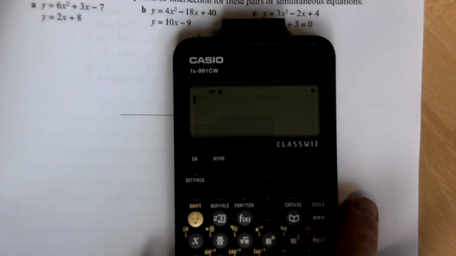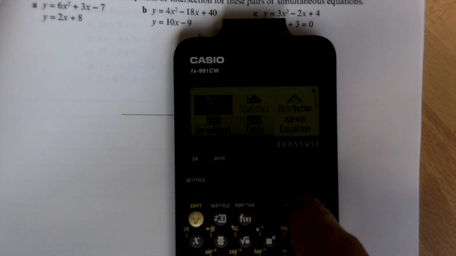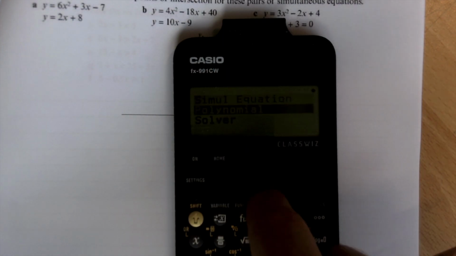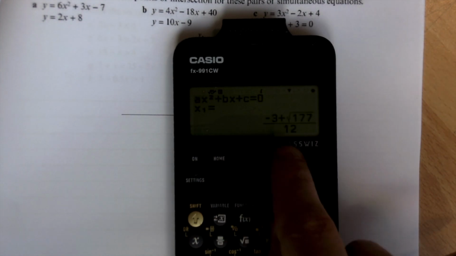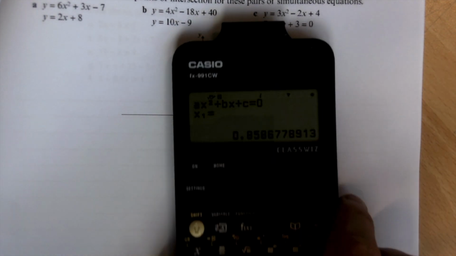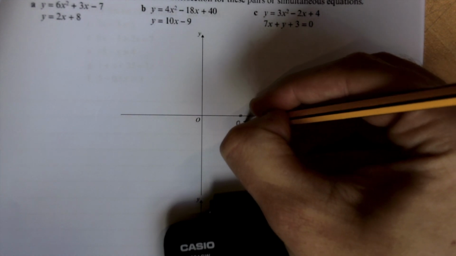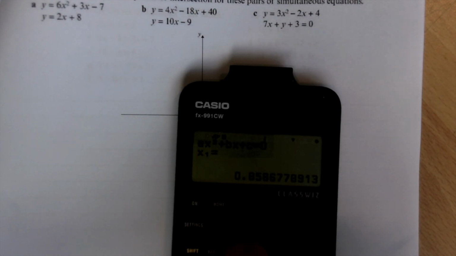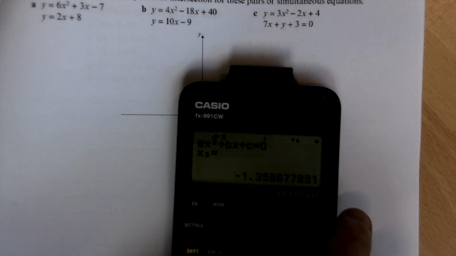So if I had a quadratic as one of them, probably I would just use the calculator to find all the pertinent information. So that is where it crosses the axes, which is positive 0.86 and negative 1.36.